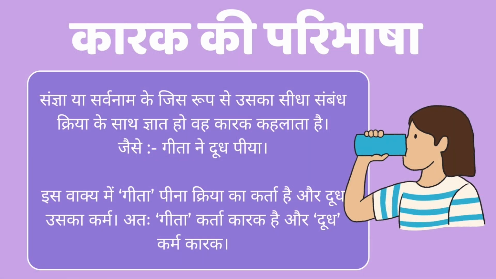Let's see Karak की परिभाषा, means definition of Karak. संज्ञा या सर्वनाम के जिस रूप से उसका सीधा संबंध क्रिया के साथ ज्ञात हो वो कारक कहलाता है. संज्ञा means noun, सर्वनाम means pronoun, क्रिया means verb.